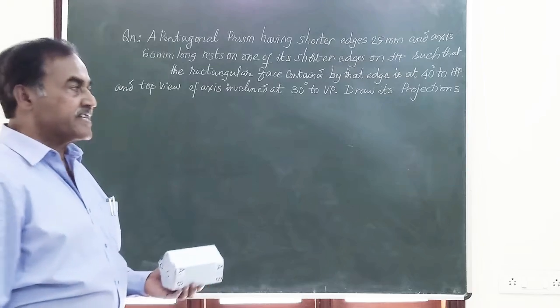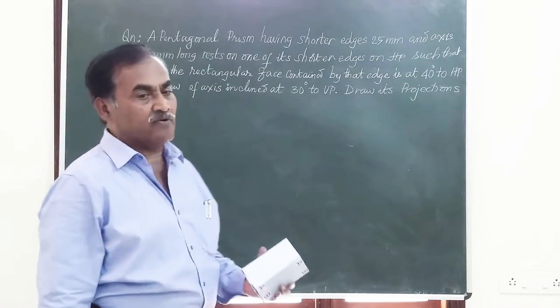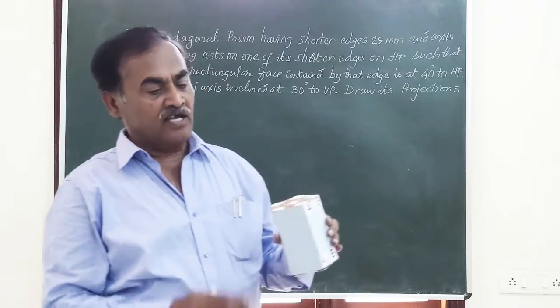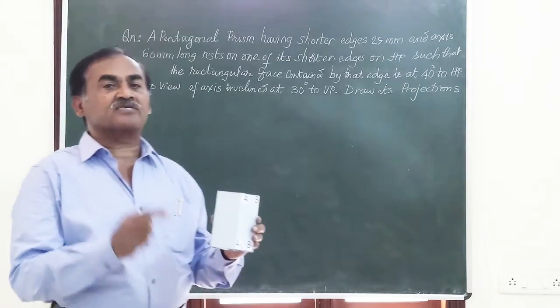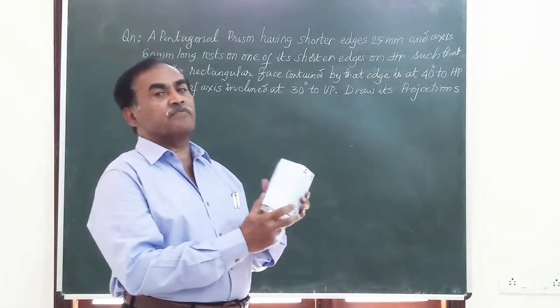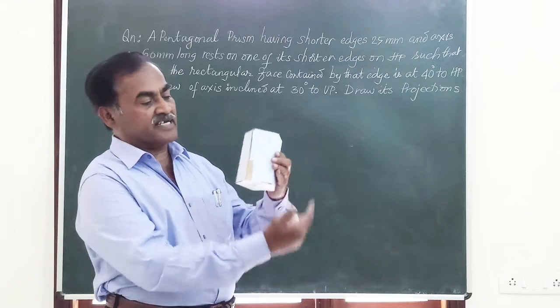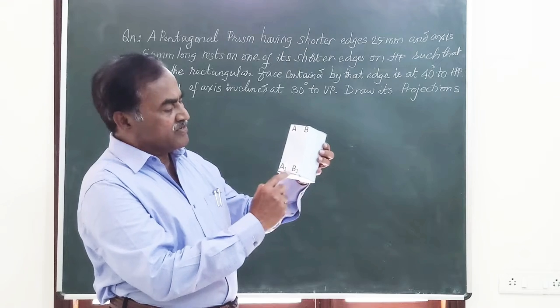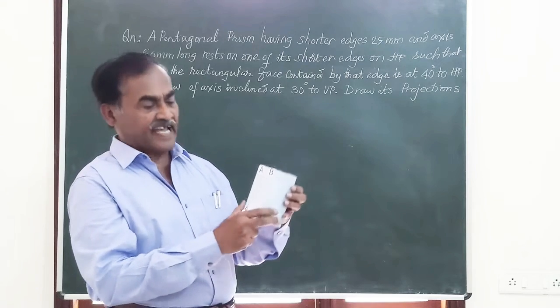As the name indicates, this pentagonal prism will have a pentagonal bottom face and a pentagonal top face, and these two faces are connected by 5 rectangles on its lateral surface, such that A1 B1 is one such rectangle.